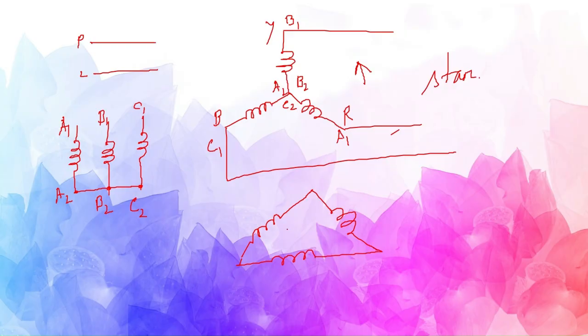Again the naming will be like this is R, this is Y, and this is B phase.